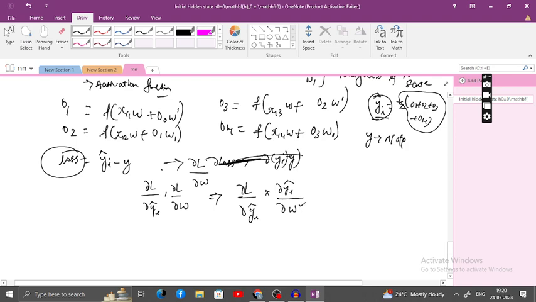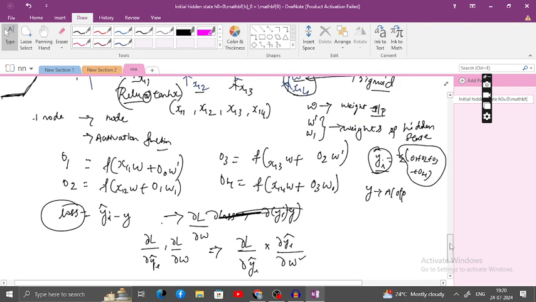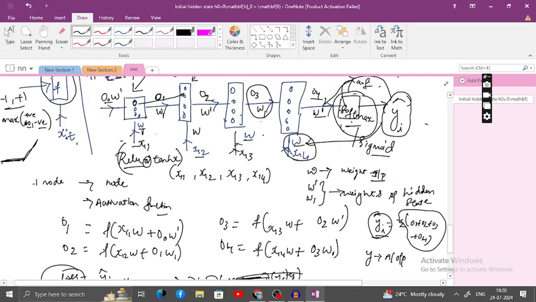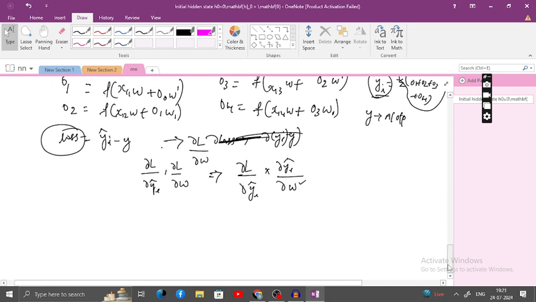Now this y hat is not only dependent on the weights, it is also dependent on the output from the fourth layer. Correct or not? So what can I write? The loss is dependent on the output, which is dependent not only on the weight but on O4 also.